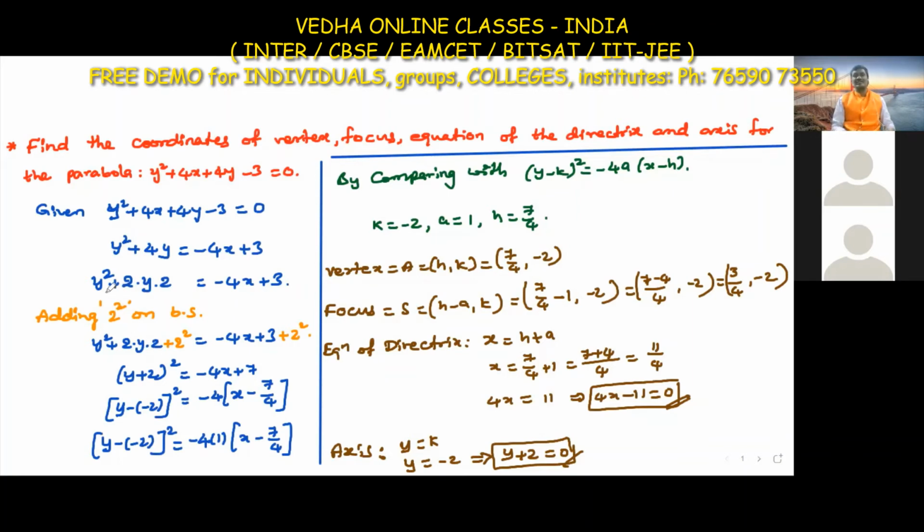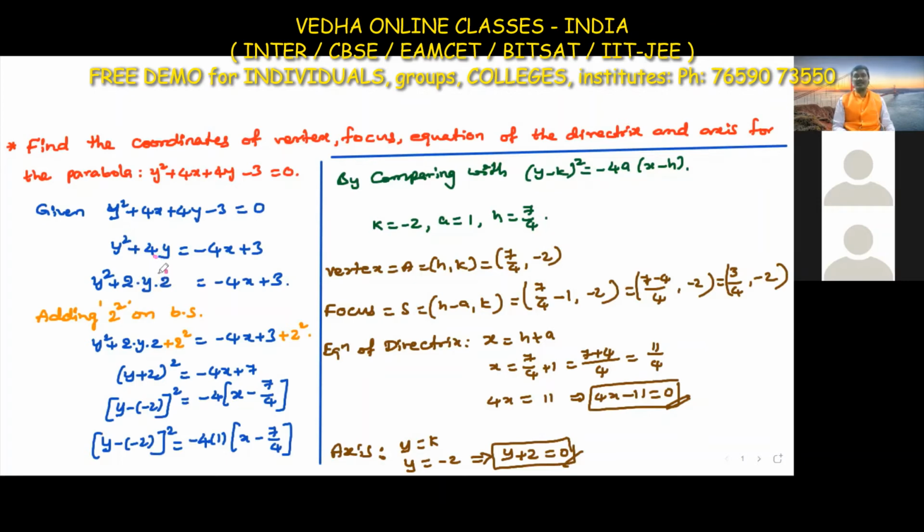So always he gives the a square plus 2ab term without the b square term. We have to add that b square term on the left side as well as the right side, on both sides, or otherwise on the left side only add and subtract. Anyone is okay. Which is better? Adding the b square term on both sides is better. Okay, so y square plus 2 into y into 2, that is 4y only.